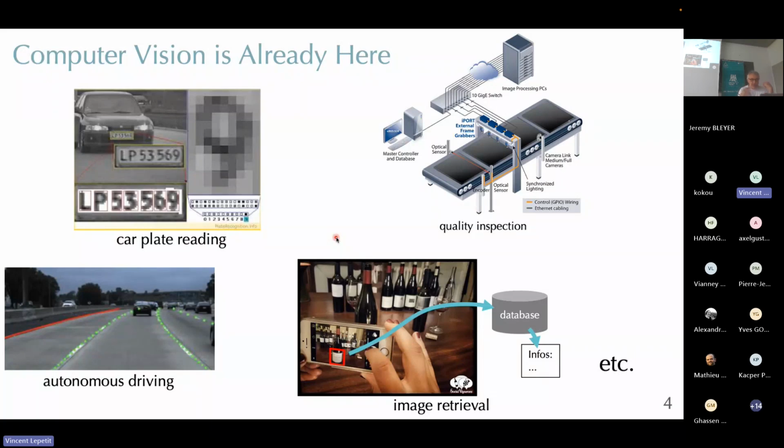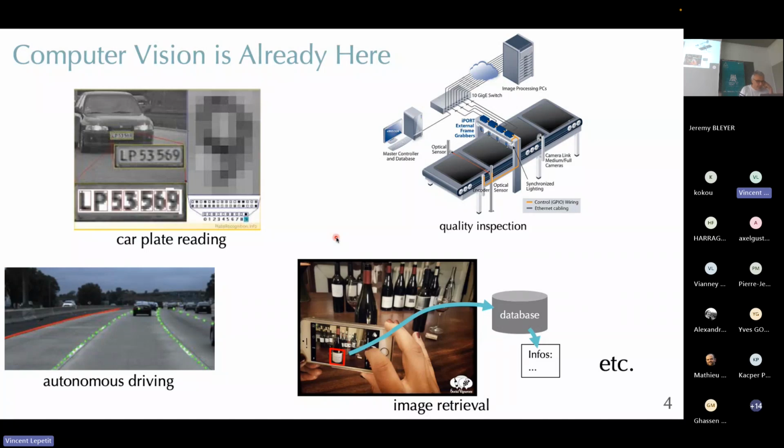The system can localize in the image where the bottle is exactly, and match this image with a database of images of all wine bottles, so that you can get back information for this bottle. That's just one application of image retrieval, which is part of computer vision, and it's actually very general. You have the same system for recognizing plants, for example, or books, and so on.